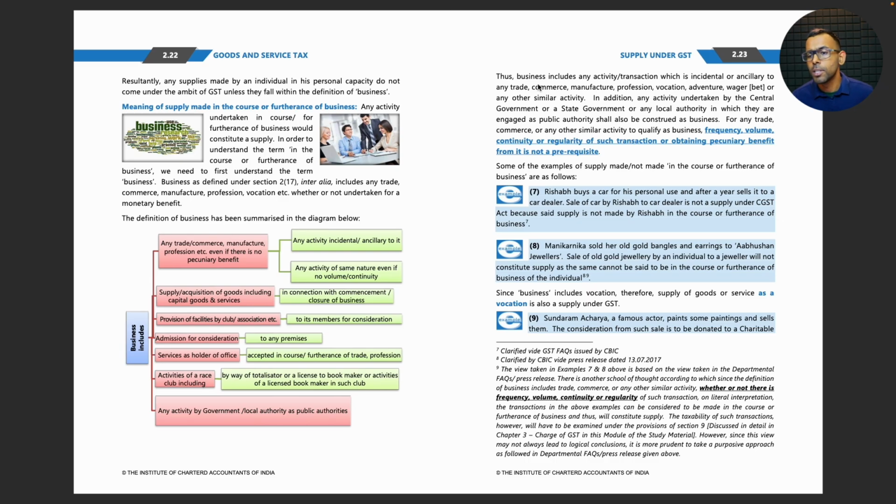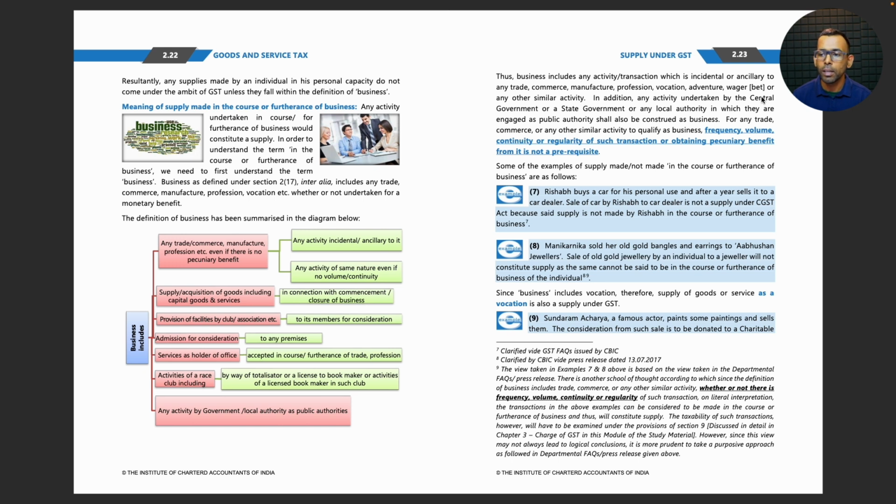Okay, thus business includes any activity or transaction which is incidental or ancillary to any trade, commerce, manufacture, vocation, adventure, wager, bet, or any other similar activity.